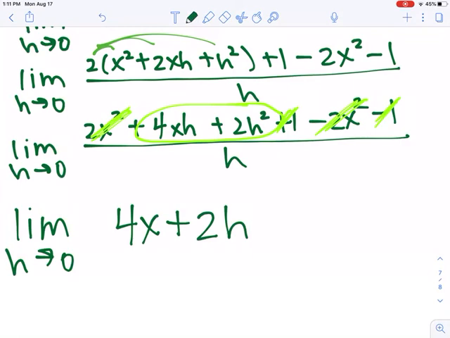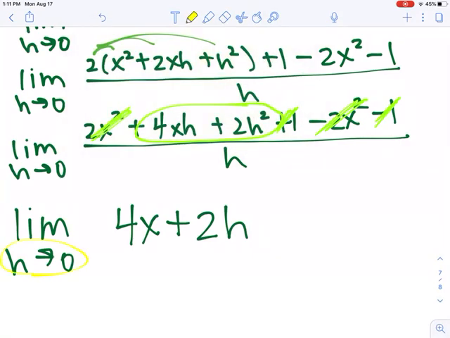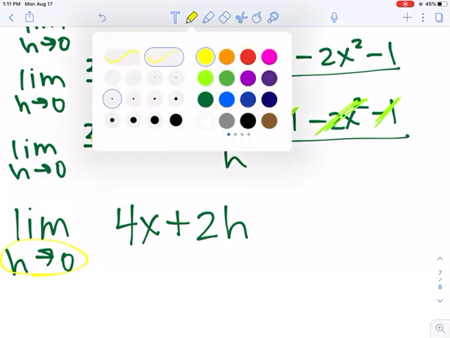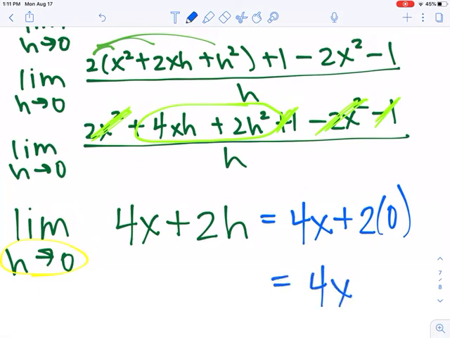Now, last week we would have stopped at 4x plus 2h, but now we're actually evaluating the limit as h approaches 0. So what we're going to do is use direct substitution, where we actually plug 0 in for h. And notice how I didn't write the limit because I'm finally at the step where I am evaluating the limit.